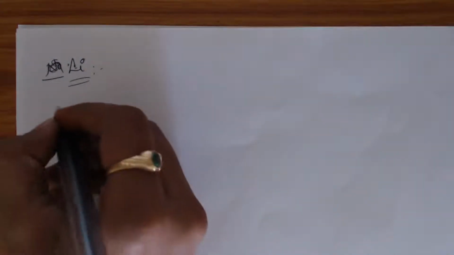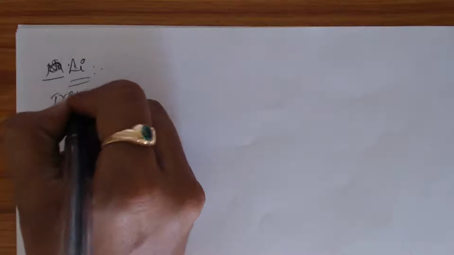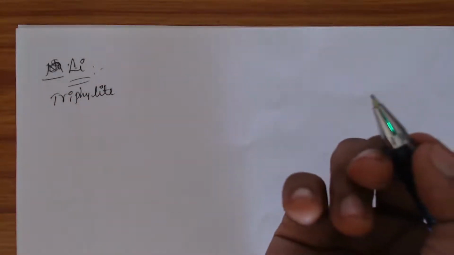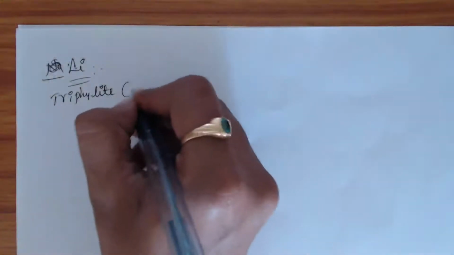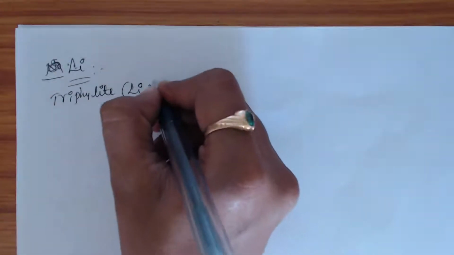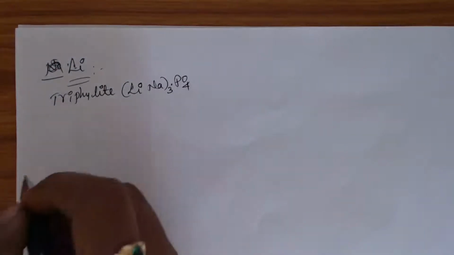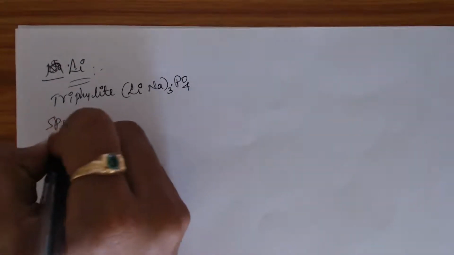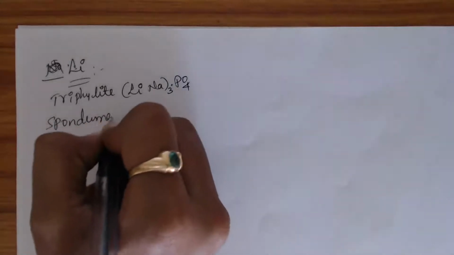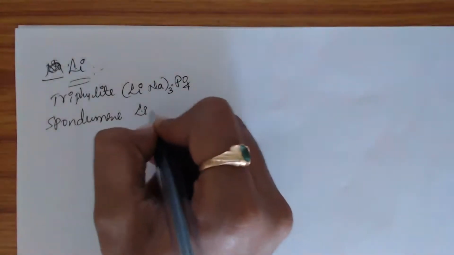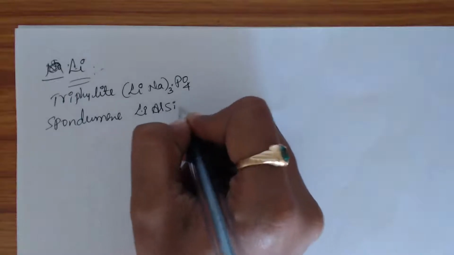So the important ore of lithium is triphylite, its composition is Li3PO4. Similarly, spodumene is there, that is LiAlSi2O6, lithium aluminium silicate.